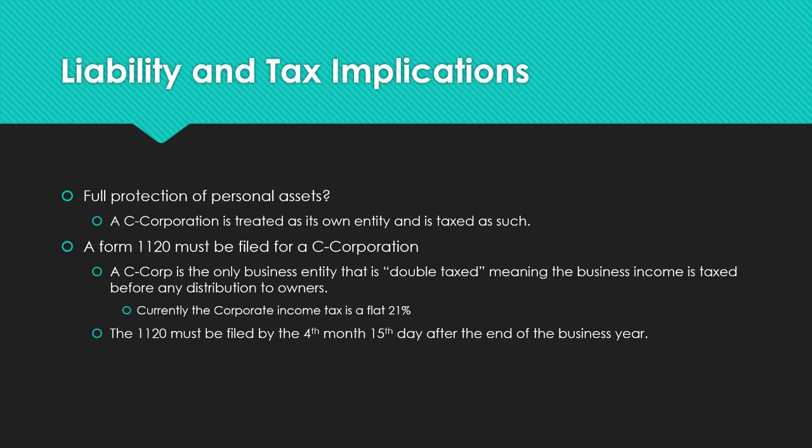So, the liability and the tax implications. Now, the liability, I'm not a lawyer, I'm an accountant. The tax implications is my area of expertise, but I do know that under a C corporation, your personal assets basically cannot be attacked unless you do this thing called piercing the corporate veil. It is very rare. It basically only happens whenever there is absolute gross negligence involved by the corporation's owners.